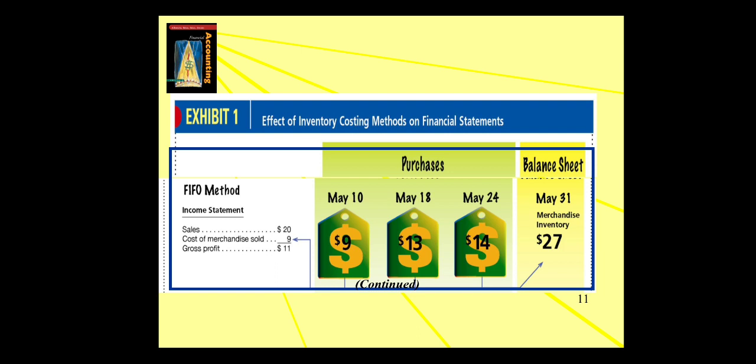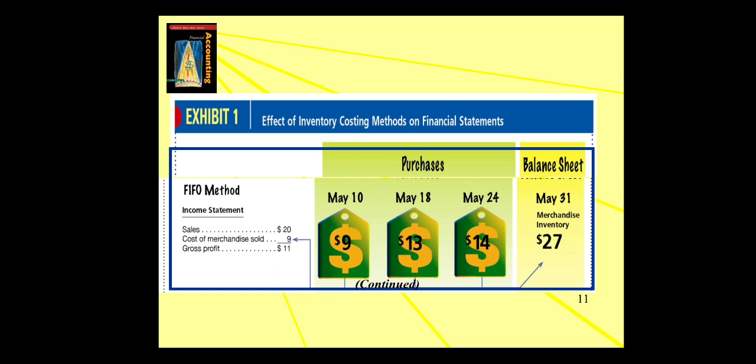On the 10th of May, when the business purchases the product, the price is $9. And then the second purchase is on the 18th of May. At that time, the product purchased by the business is $13 per unit.